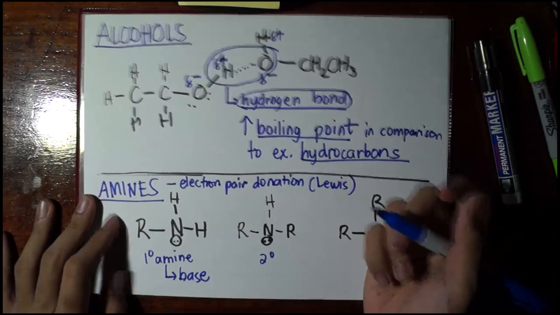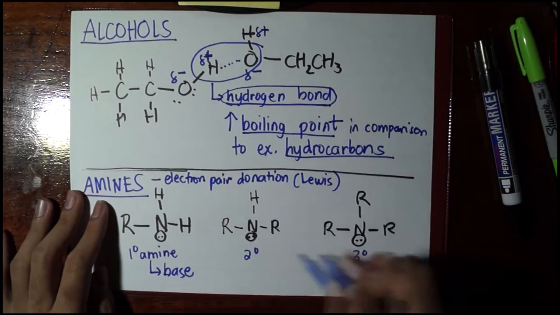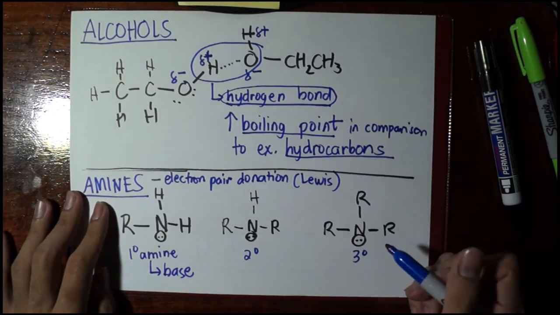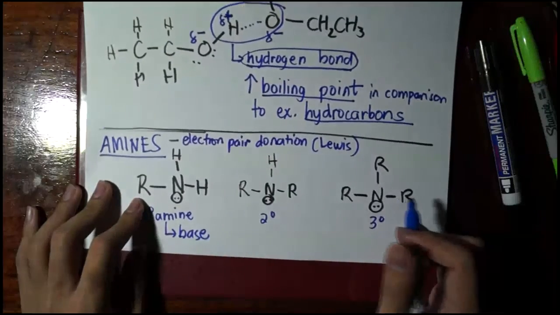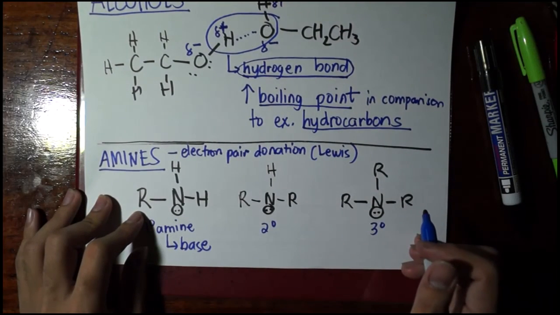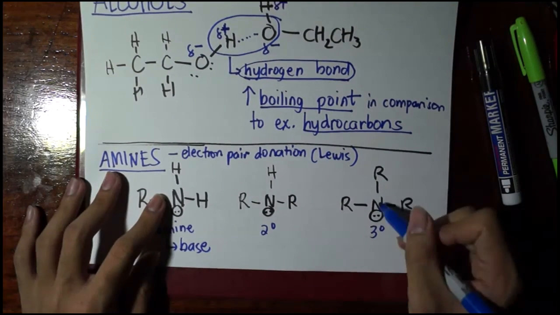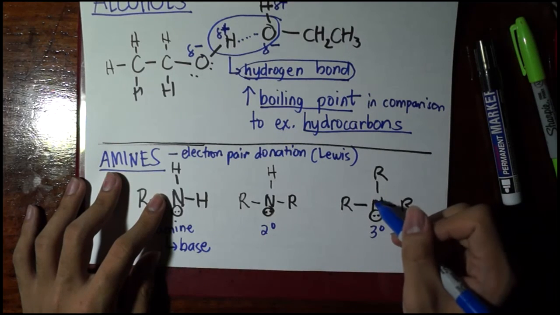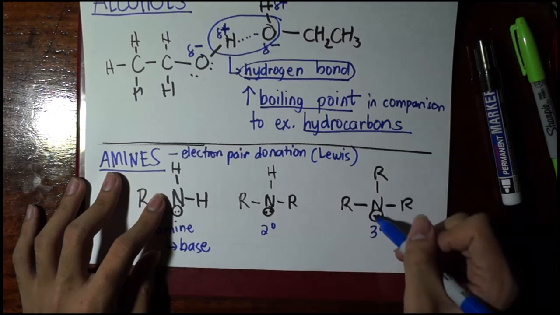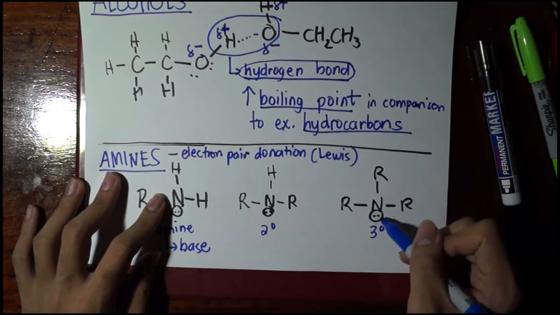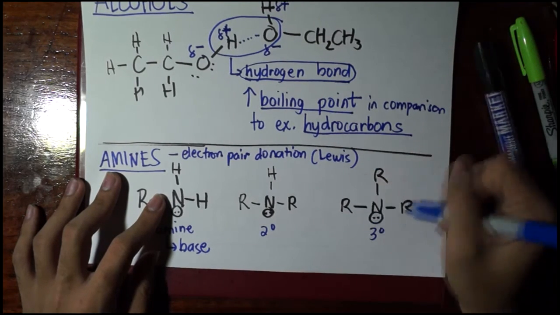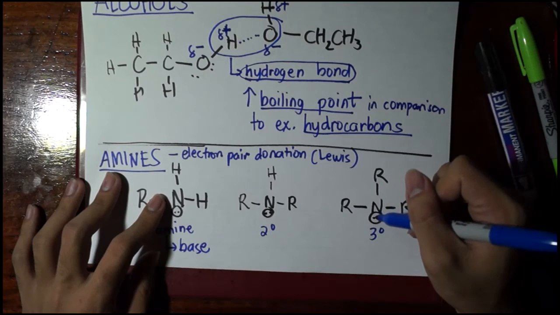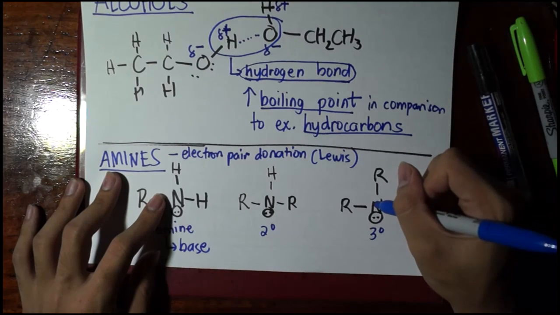Now, the next question is, which of the three is the most basic, and how does it progress? What's less basic after that, and what's the least basic of the three? Technically, you want a nitrogen that is stable enough that it would freely give out its lone pair. So you would expect the tertiary amine to be the most basic because it's the most stable nitrogen here.